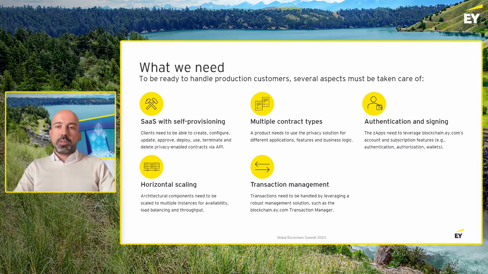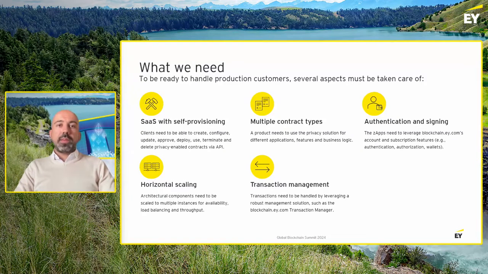They are going to have them deployed and usable automatically, and nothing else is needed. Then, of course, we need multiple contract types, at least one for each one of the templates that we talked about, right? Because we want to cover as many use cases as possible. And we also want to be able to expand this collection of use cases in the future.